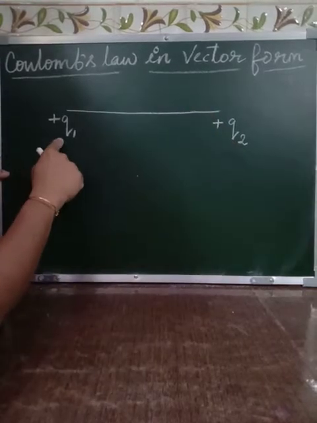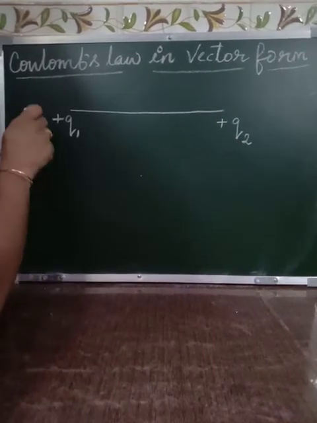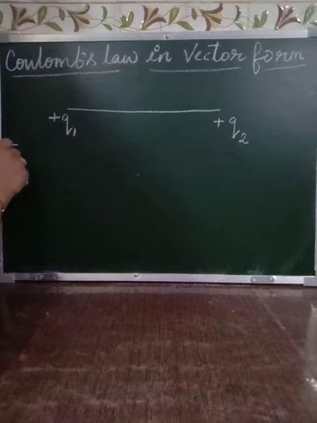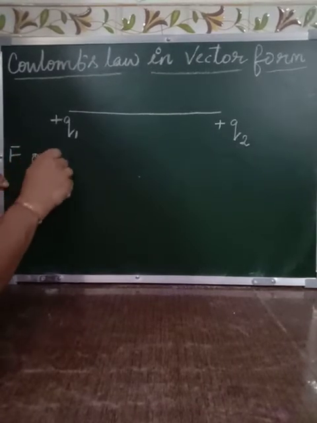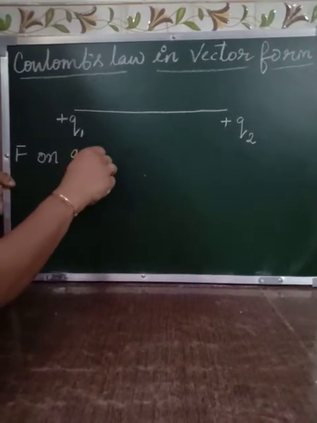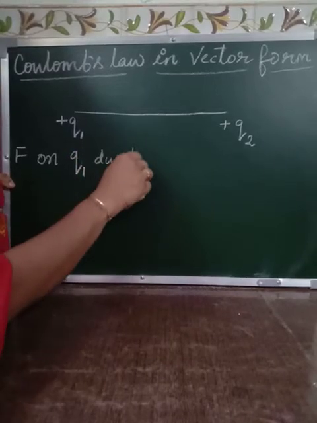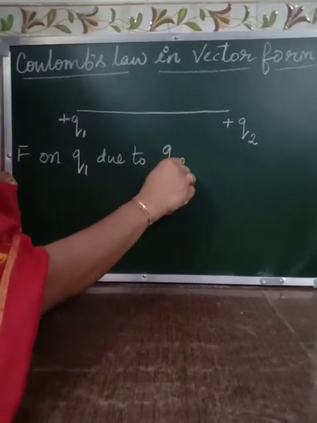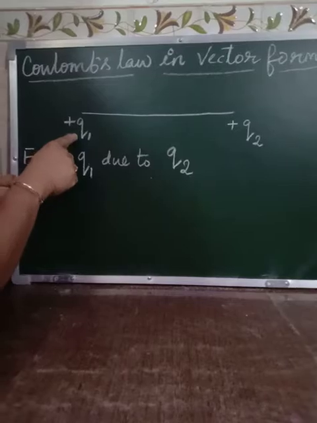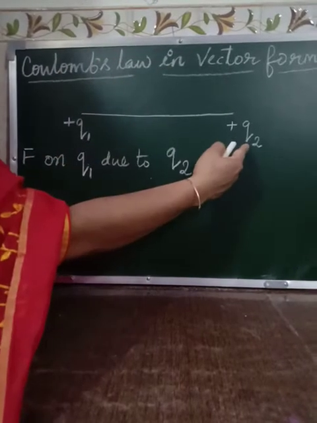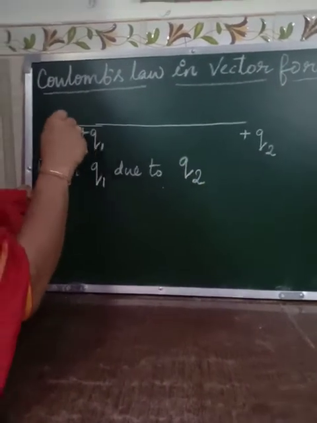So here now, the force acting on Q1 due to Q2. Force acting on Q1 due to the charge Q2 we are going to write. So it is a repulsive force.